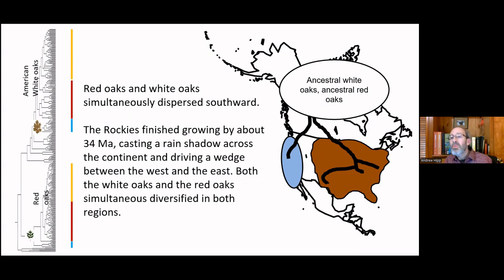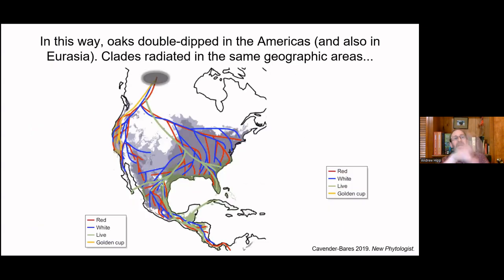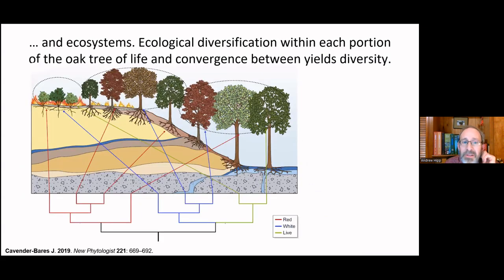And really, we'd see a lot of the diversity that we see in today's forests in Eastern North America and California, but not yet in Mexico or in Eurasia, because oaks were double dipping, sort of, as they evolved through the Americas, the red oaks and the white oaks, clades evolving in the same geographic regions and in the same ecosystems, producing the diversity that we observe today.